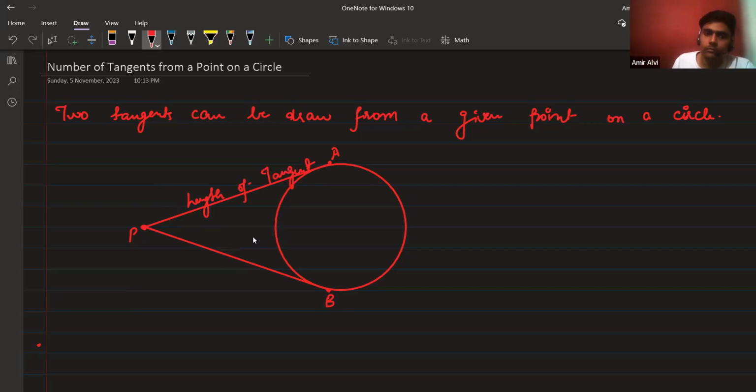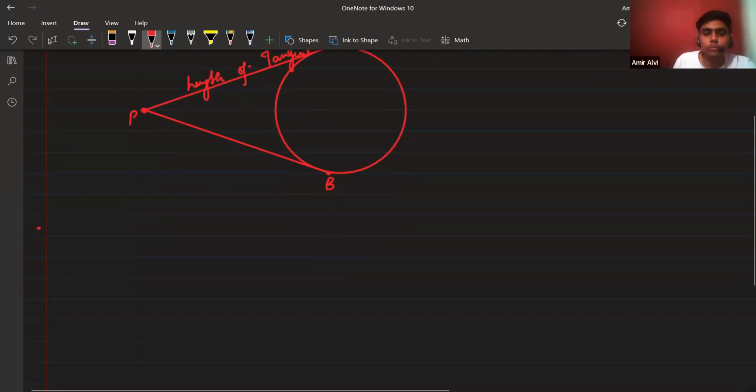Yes. We need to show in the coming theorem that the distance between these 2 points is equal. Basically, PA equals PB. This is a property from the theorem, but right now we are proving it. So let's prove this theorem.